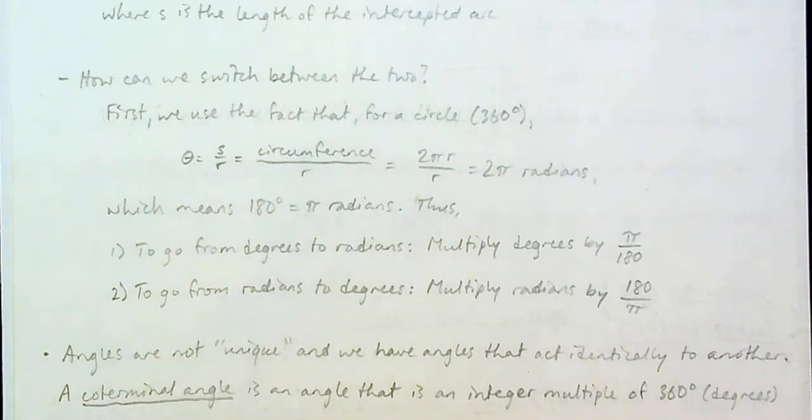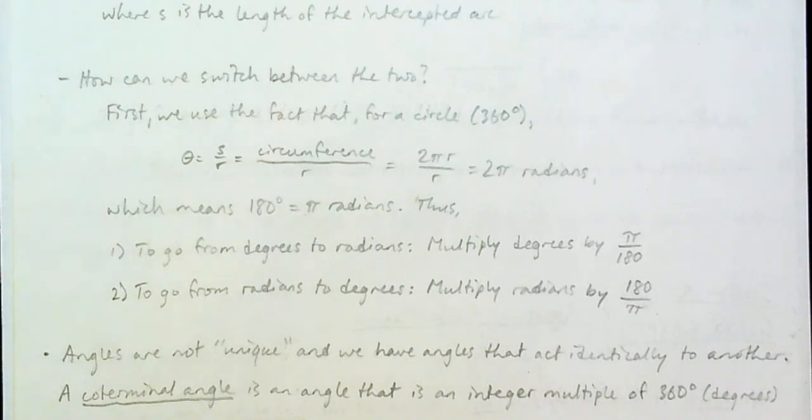So we have a little connection between these two things that we can now utilize to convert from one form to the other. So if you're going to go from degrees to radians, you're going to take your given number and you're going to multiply it by pi over 180. When you're converting to radians, you should always have a pi left over in your final answer.